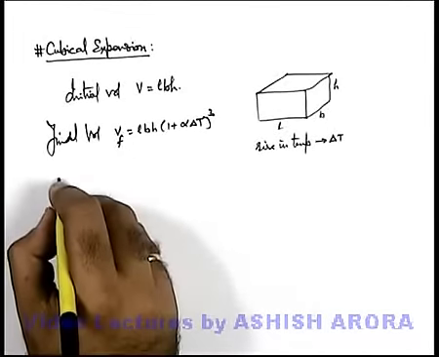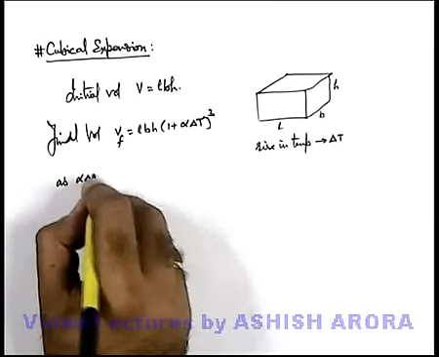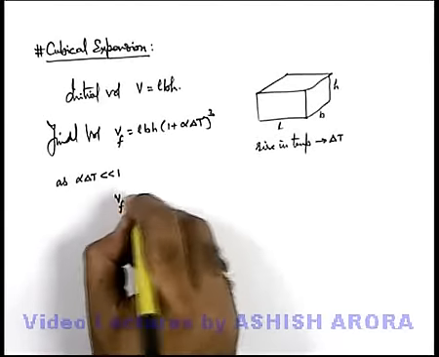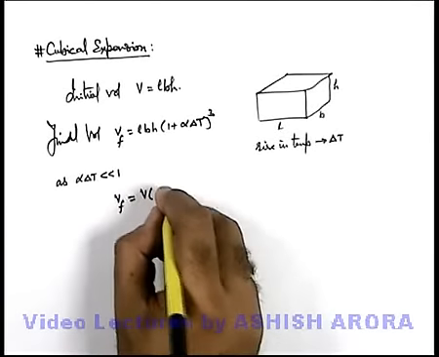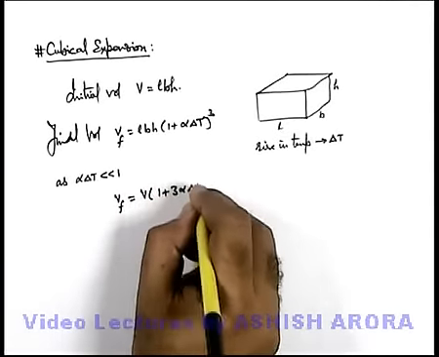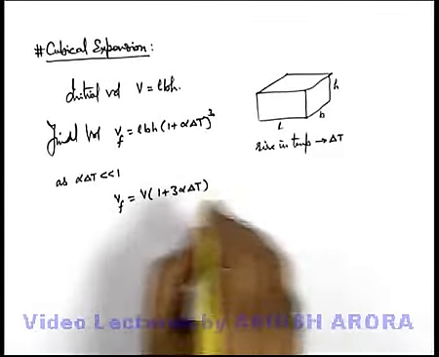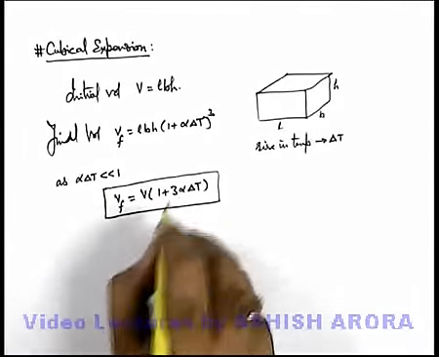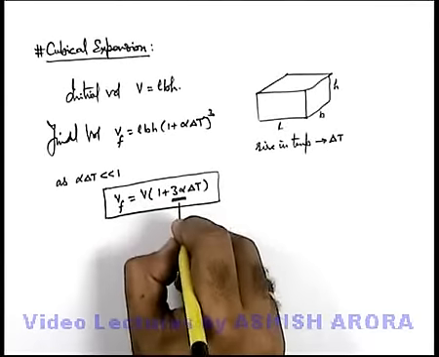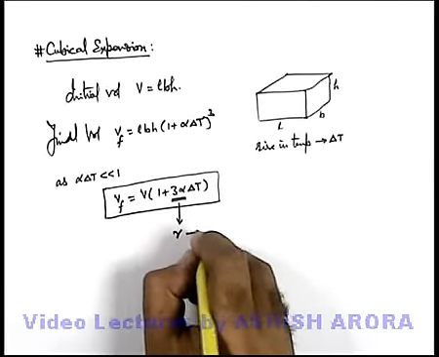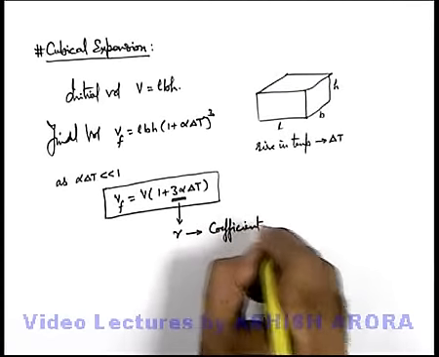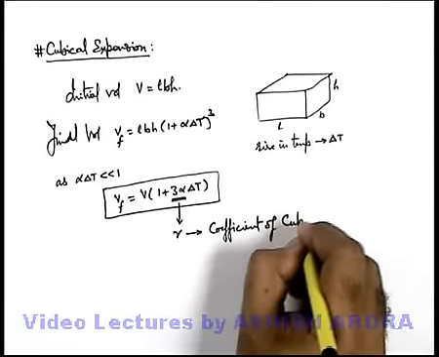And again here, as alpha delta T is very much less than 1, we can write the final volume as equal to initial volume into (1 plus 3 alpha delta T). We can take the power in and neglect the higher powers as per binomial approximation. In this situation, this 3 alpha can be replaced by gamma, which is termed as the coefficient of cubical expansion.